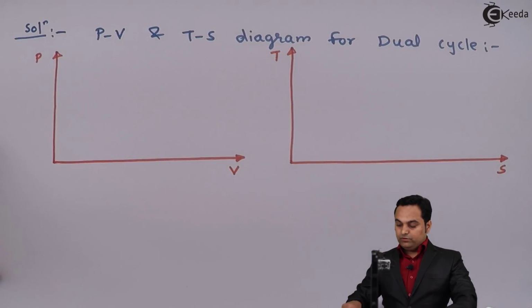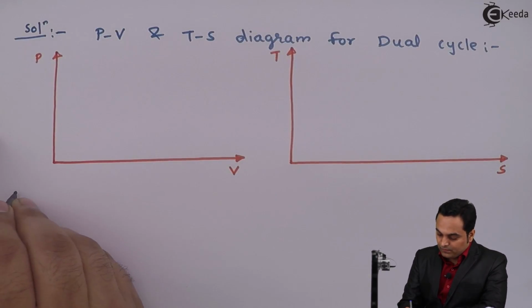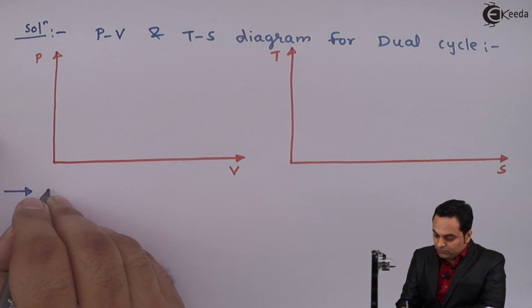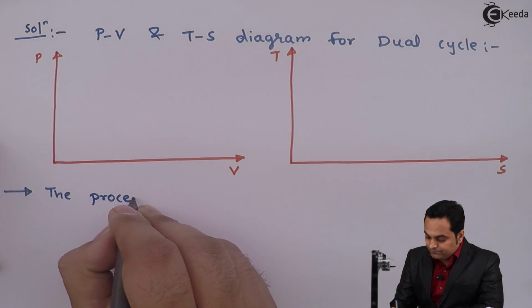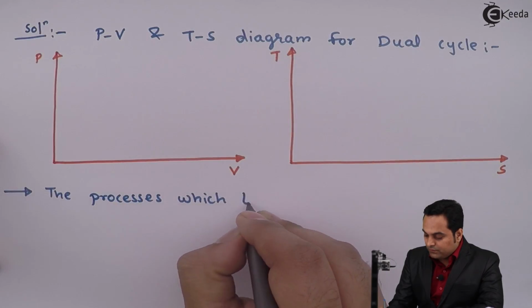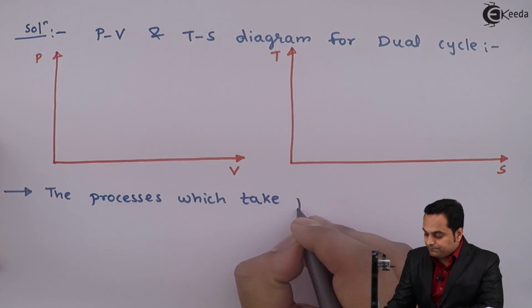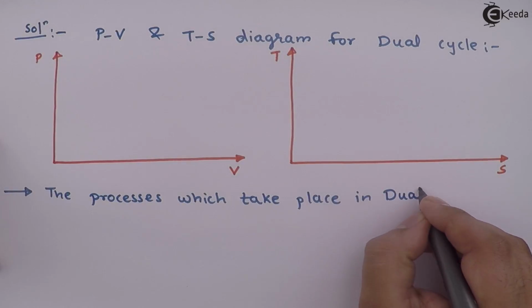Now before drawing the PV and TS diagram, I'll mention the processes which take place in dual cycle.